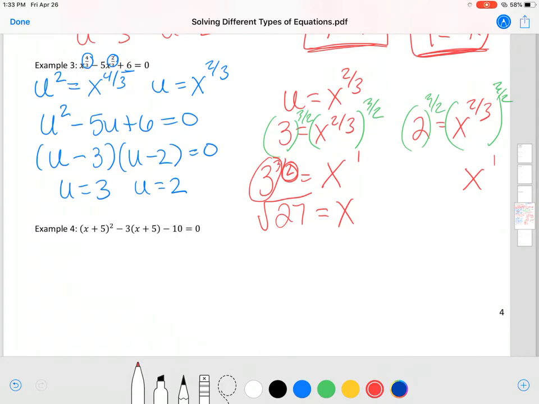That leaves me just x to the first. And then 2 raised to the 3/2, that means it's the square root of 8 because I raised 2 to the 3rd and then I square root it. Now if I wanted to continue simplifying that, that would be 2 square roots of 2. And this would be 3 square roots of 3.